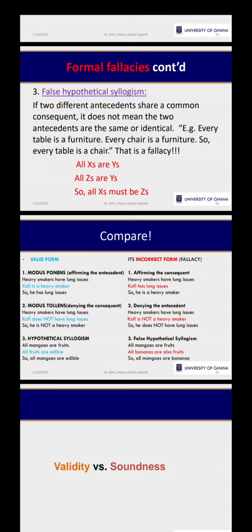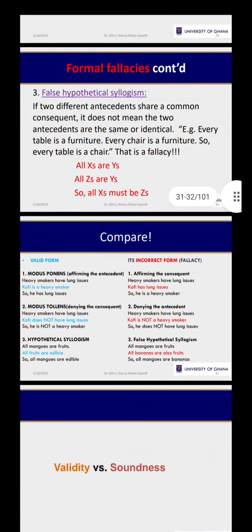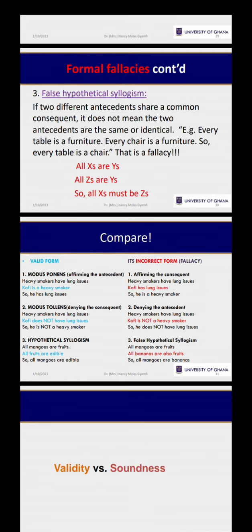So the A is table, the B is the furniture, and the C is chair. Okay? So if I conclude by saying that every chair is a table, it's a fallacy of false hypothetical syllogism.